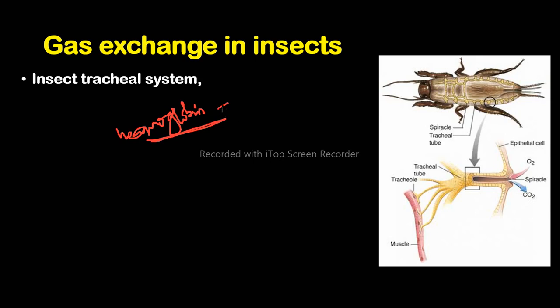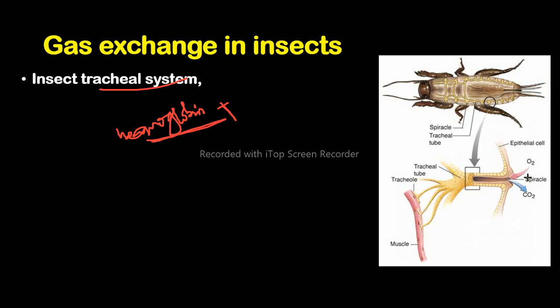So then if blood does not transport oxygen, how do these insects obtain their oxygen? How do they ensure that tissues get enough oxygen and get rid of carbon dioxide? It is this tracheal system. It is a system of tracheal tubes that distribute these respiratory gases throughout the entire body of insects.